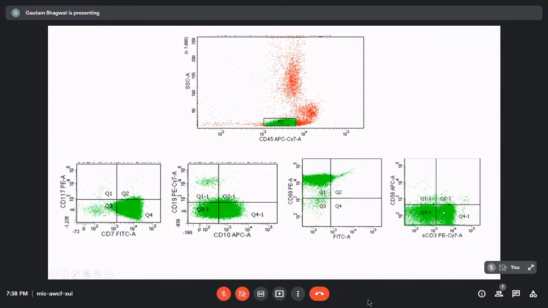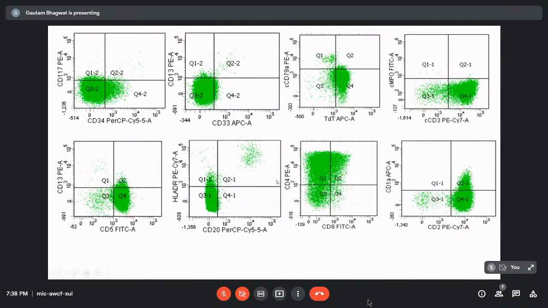Surface CD3 is positive. Now see, lots of cells are surface CD3 negative, but more than 20% of cells would be surface CD3 positive. Now as surface CD3 is positive, cytoplasmic CD3 will also be positive. So cytoplasmic CD3 positive, TdT positive, the myeloid markers negative, CD5, again a T cell marker, is positive, the B cell markers negative.